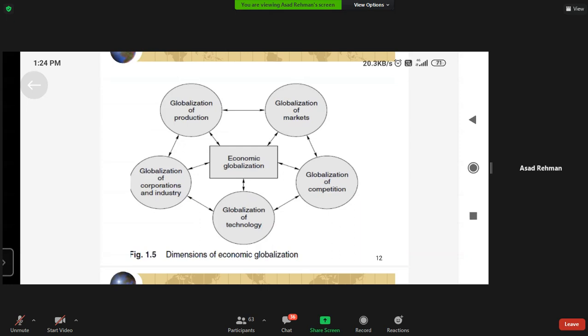So ultimately, globalization is pushing us all in a direction where markets, products, production standards, competition, technology are all of a common global standard.